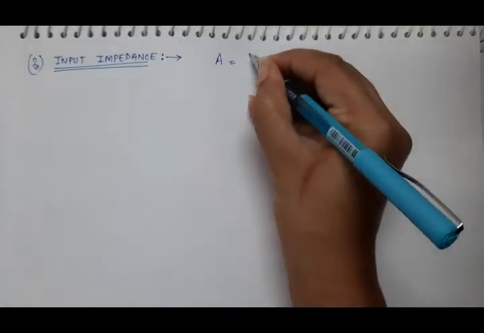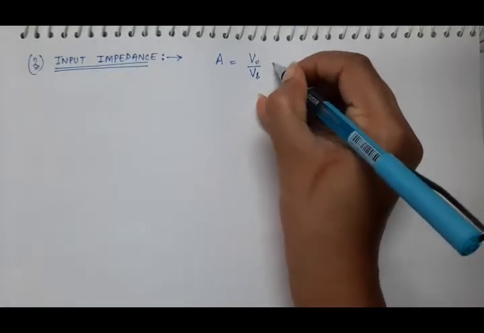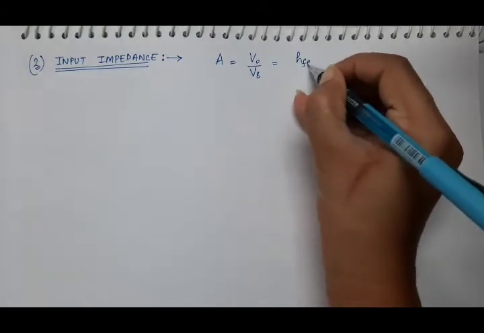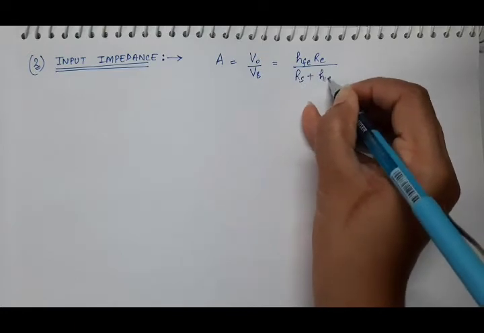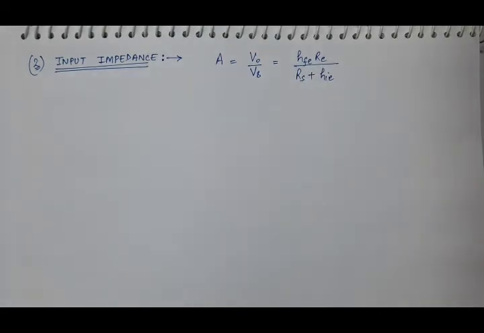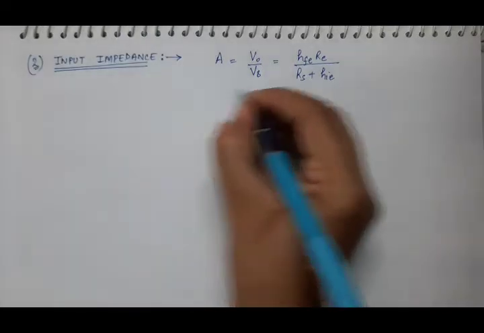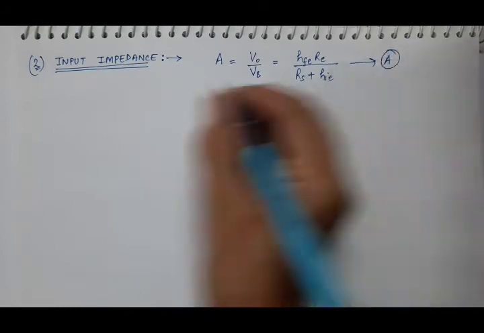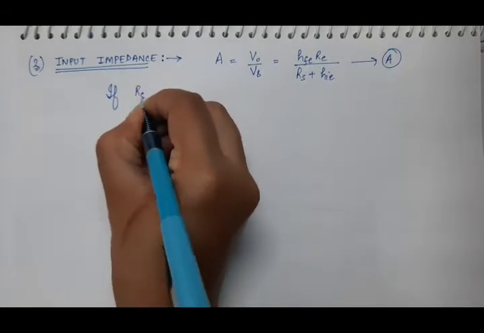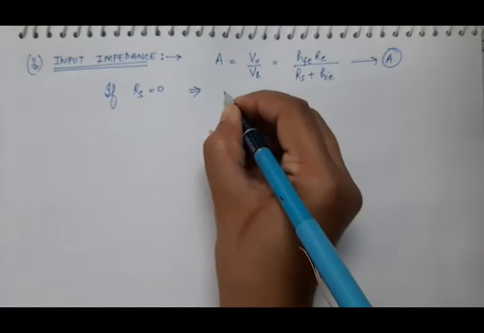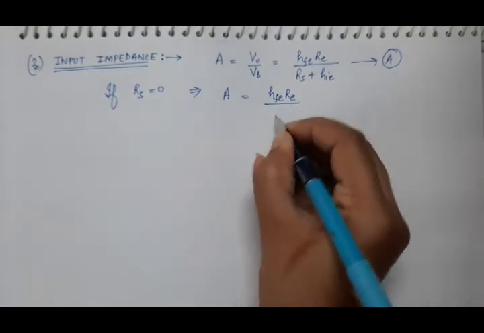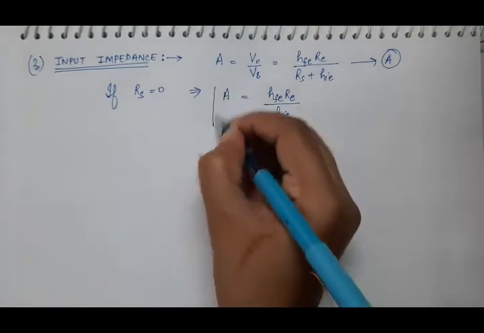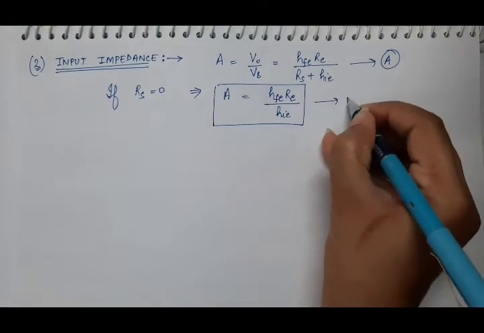It is V0 by Vs, and it is equal to HFE Re upon Rs plus HIE. Suppose this is equation A. If this source resistance Rs is taken equal to 0, then what will be the value of voltage gain without feedback? It will be HFE Re upon HIE. And suppose this is equation B.